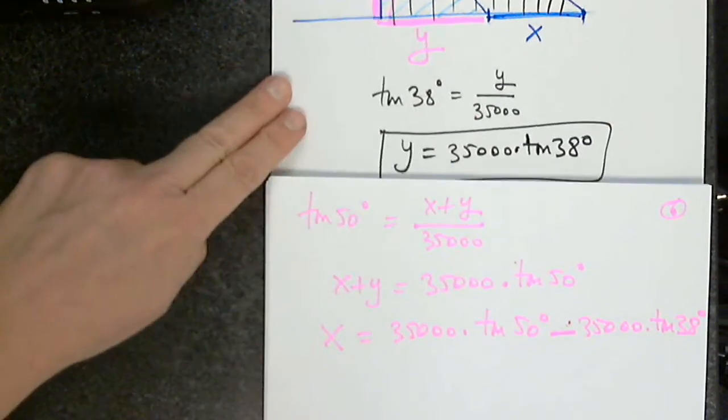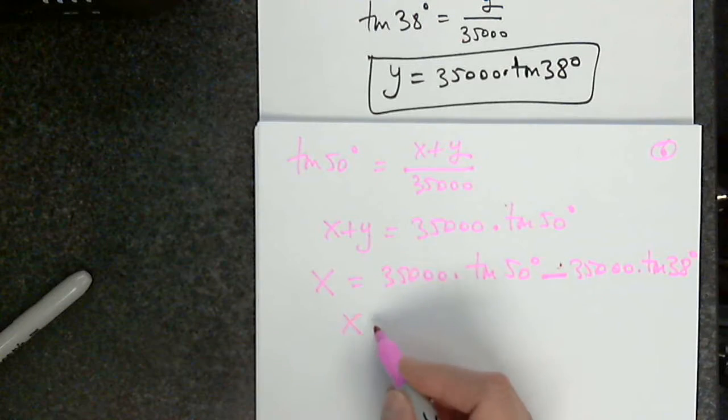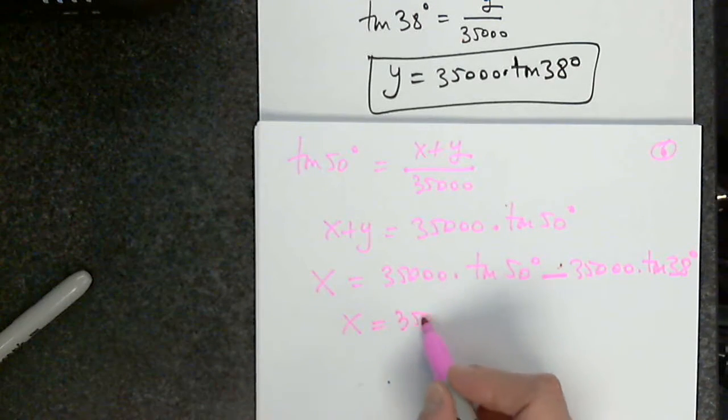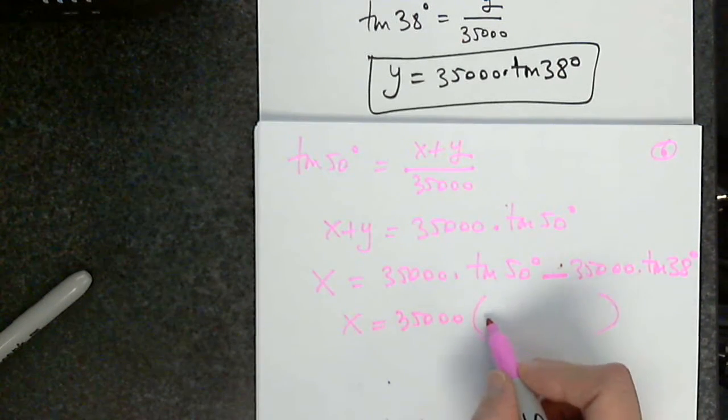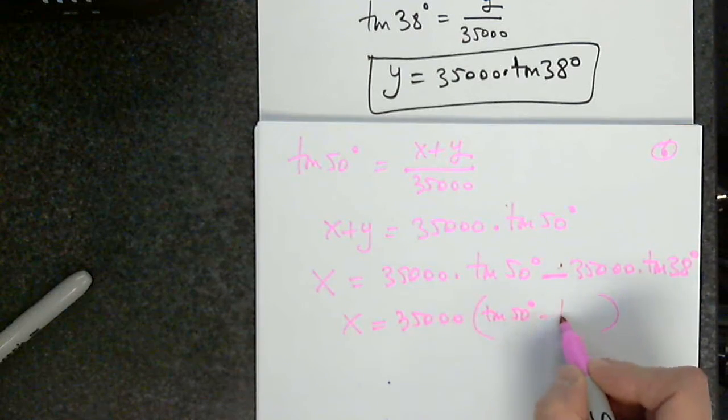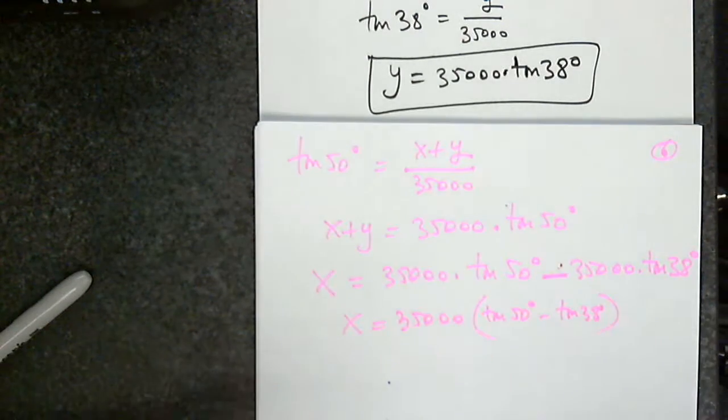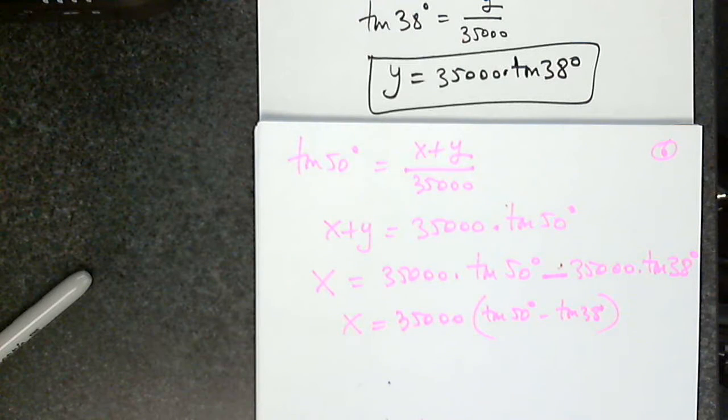It is easier for me to put it in the calculator. This is really a non-issue, but it's easier for me to put it in the calculator like this, factoring out 35,000.